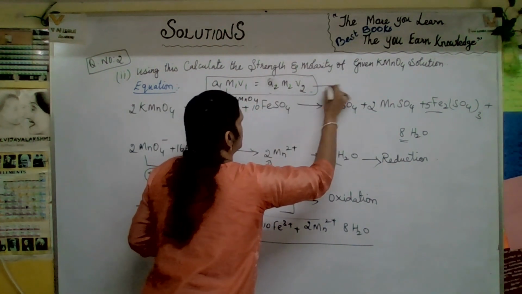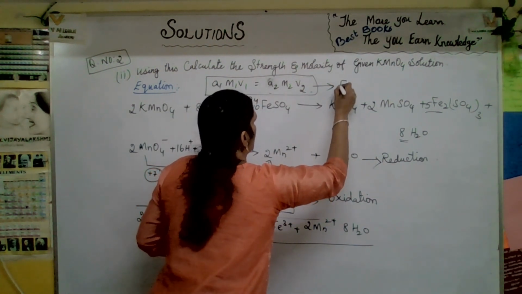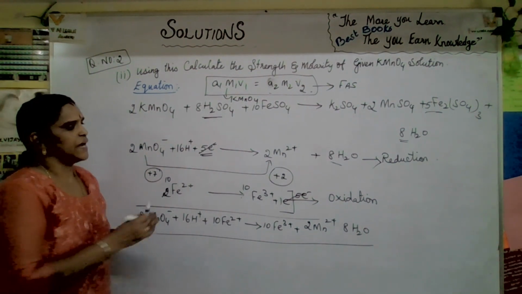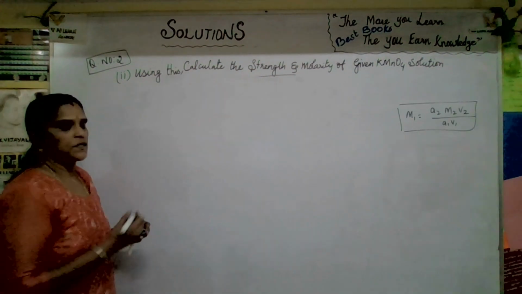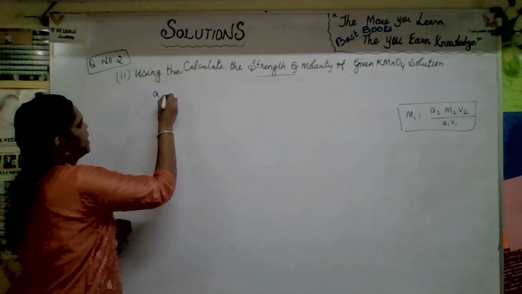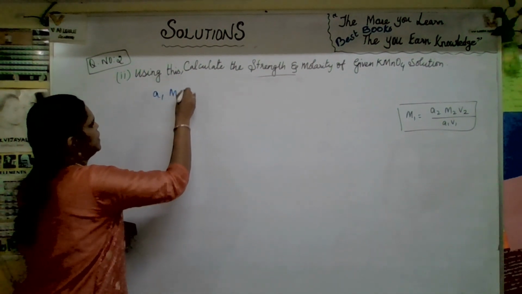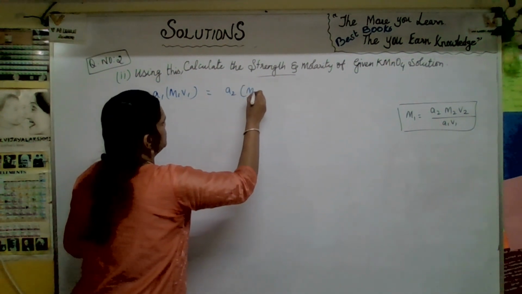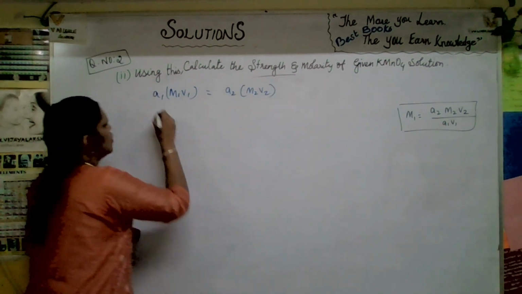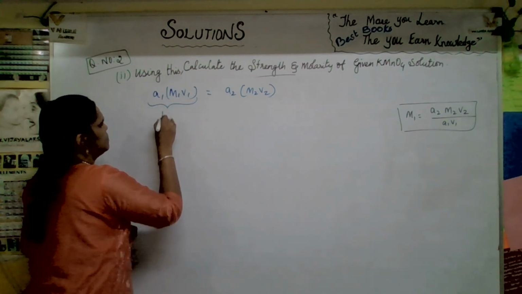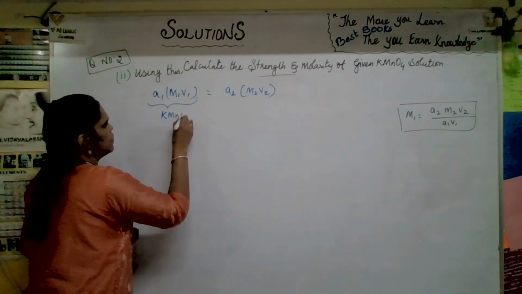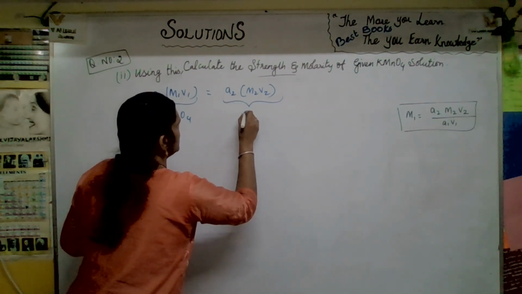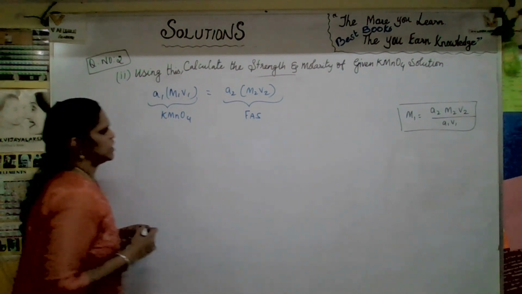A2 M2 V2 is related to FAS, ferrous ammonium sulfate. Okay, now let us check it. I'll rub this board. Now let us check A1 M1 V1 equal to A2 M2 V2. Right?